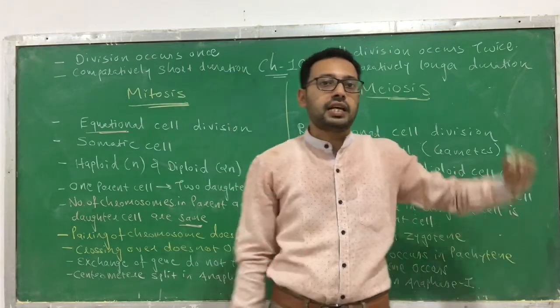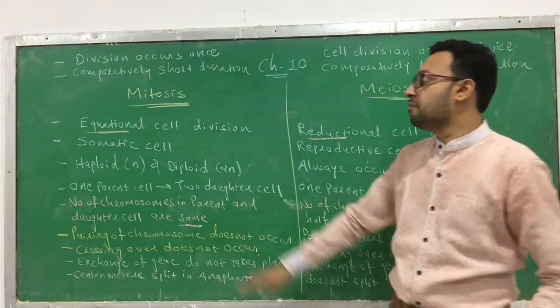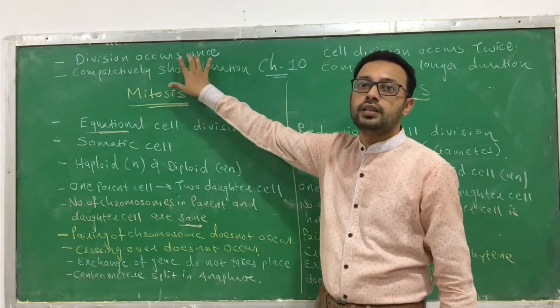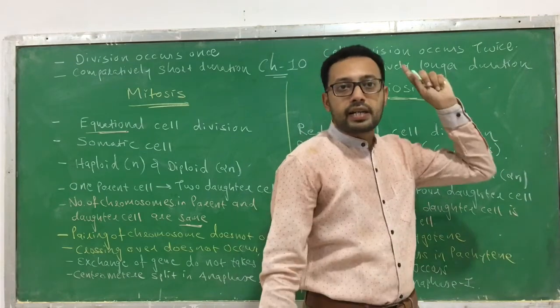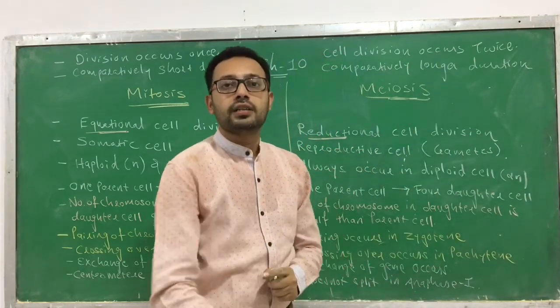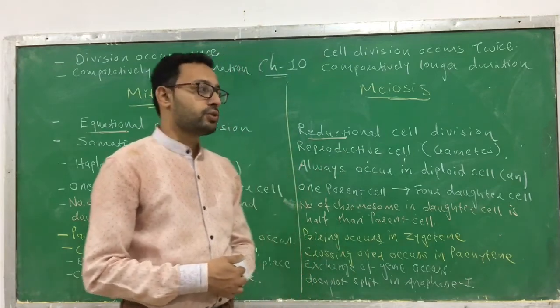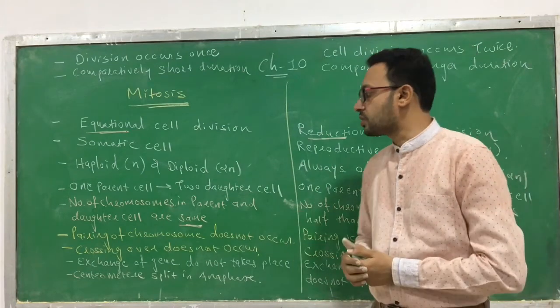In mitosis and meiosis, the replication, meaning DNA synthesis, occurs once. But in mitosis, the division also occurs once. Means replication and division occur 1 time. But here in meiosis, replication occurs 1 time, division occurs 2 times. So that's why half the number of chromosomes are going to be produced. So this is a difference which exists between mitosis and meiosis.